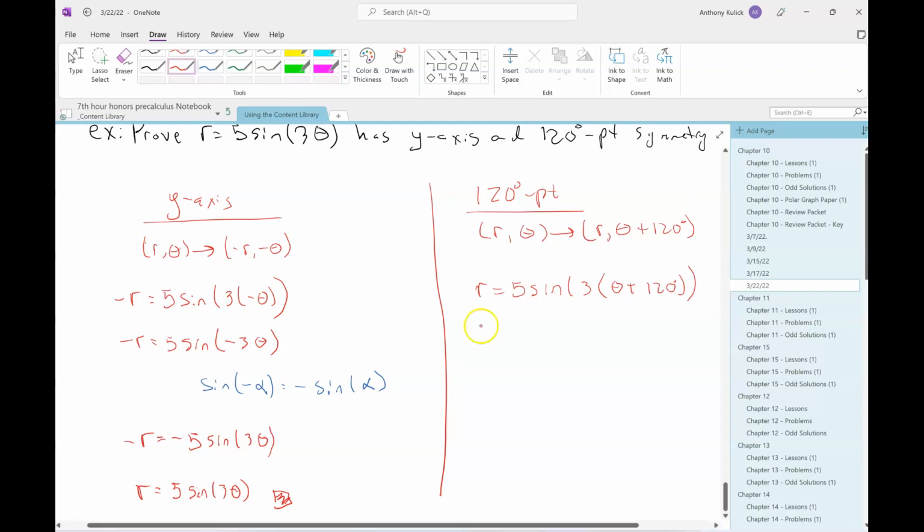Let's see, probably start by just simplifying inside the parentheses. So I'll distribute my 3 through. That'll give me 3 theta plus 360.